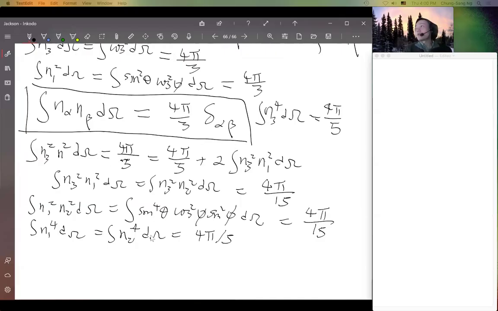The rest, all the other combinations, will be exactly 0 due to the phi integration.